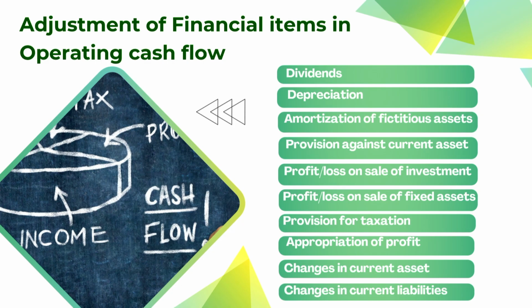Either we add or we subtract when calculating the flow of cash emanating from operating activities. After making adjustments to all these items, we go for the adjustment of changes in current assets and current liabilities and their impact on the cash flow related to operating activities.